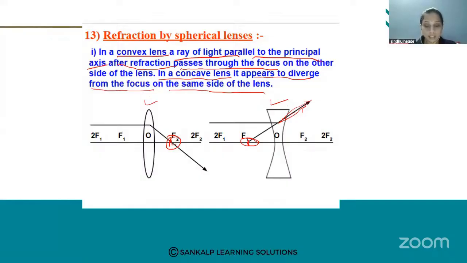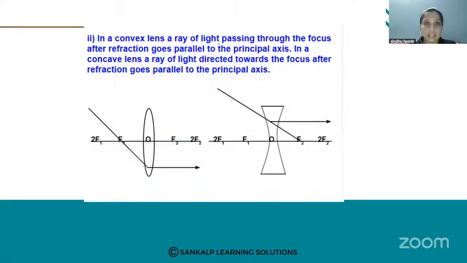And the second one: in a convex lens, a ray of light passing through the focus before refraction, this incident ray passing through the focus here, after refraction goes parallel to the principal axis.